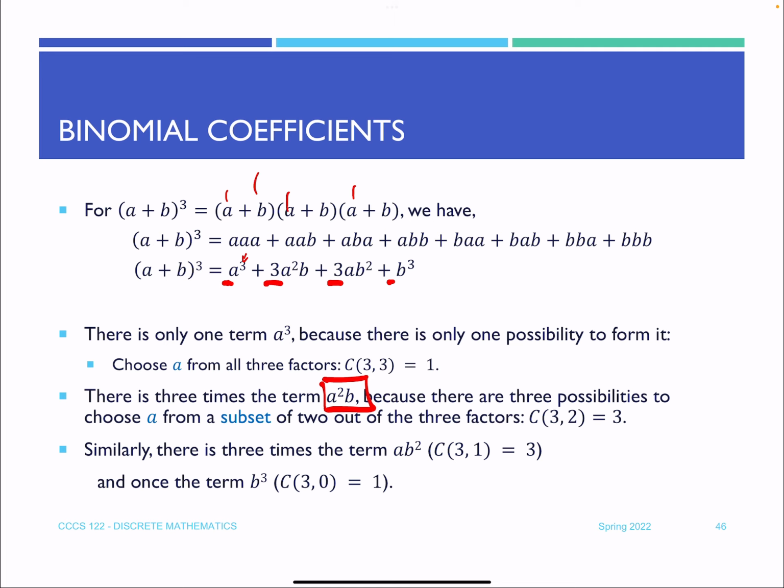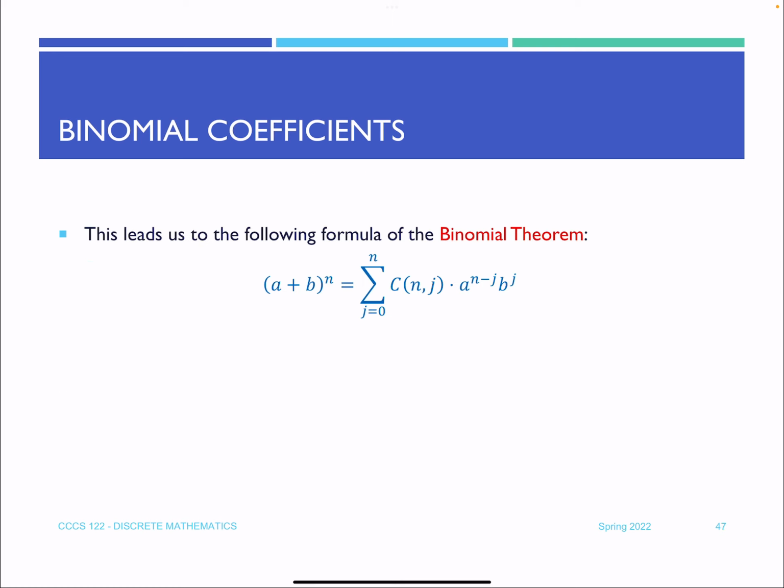You can select 2 a's and only one b, and so on. You get the idea. And this gets us to the generalized formula for the binomial theorem. So you can basically write the formula for the nth power of a plus b like this using combination coefficients.